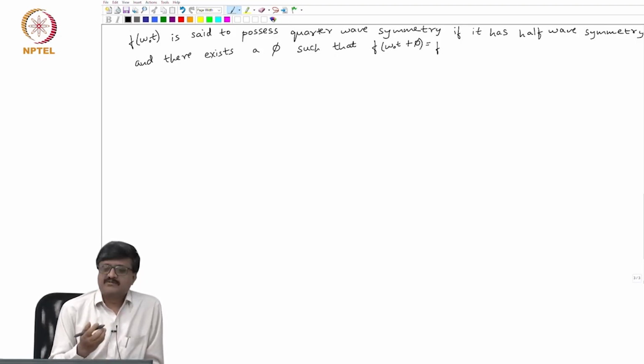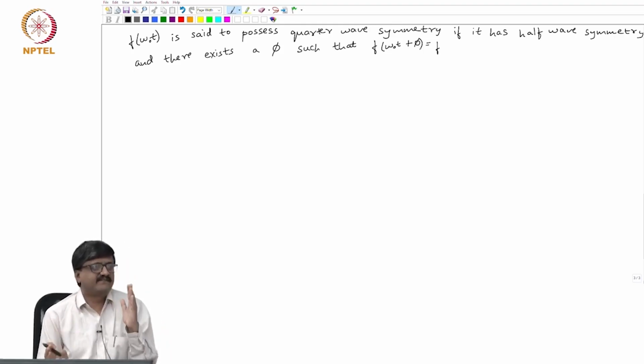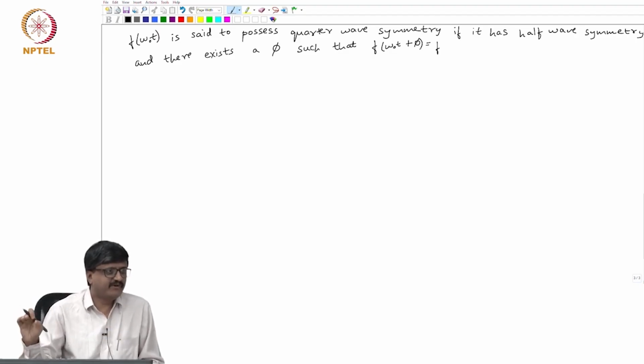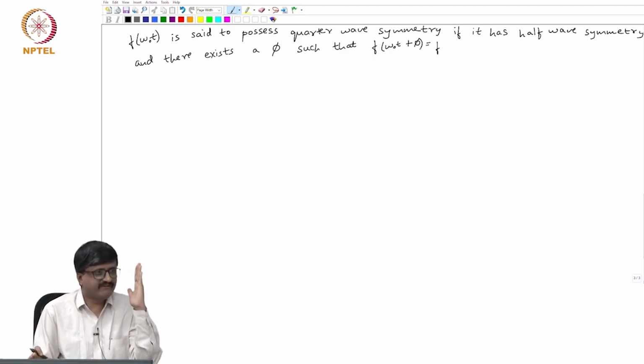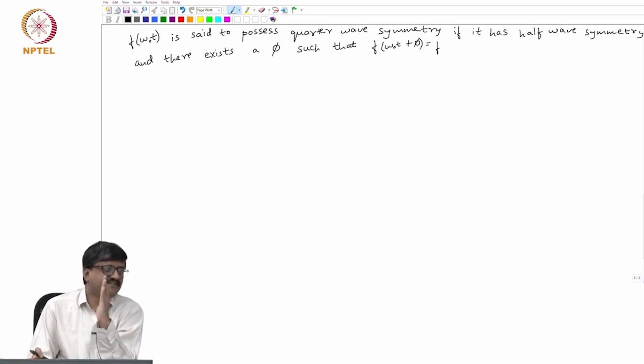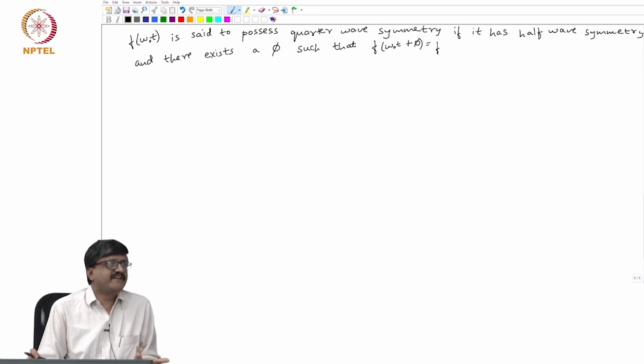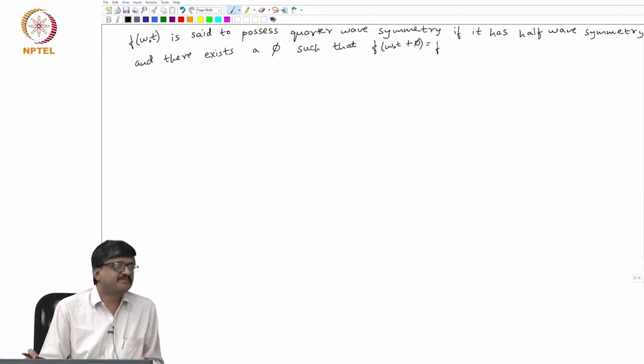So, I am shifting the axis. There is an omega o t equal to 0 axis, which is the vertical axis, since our independent variable is omega o t. I am just shifting the position of the vertical axis such that this function becomes an even function, that is all I am trying to do.